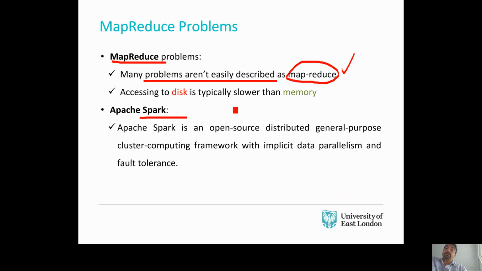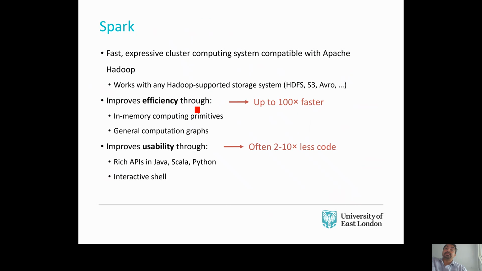Also, disk is basically slower than memory. Disk is used by Hadoop, and memory is used by Spark. That's a big difference between Hadoop and Spark.